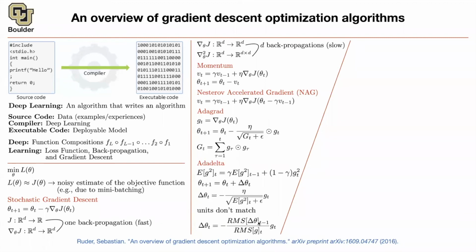I'm sorry, I think I missed it when you said it, but what's the target-looking operator in Adagrad, the circle with the dot inside? What does that denote? This dot inside is element-wise product.